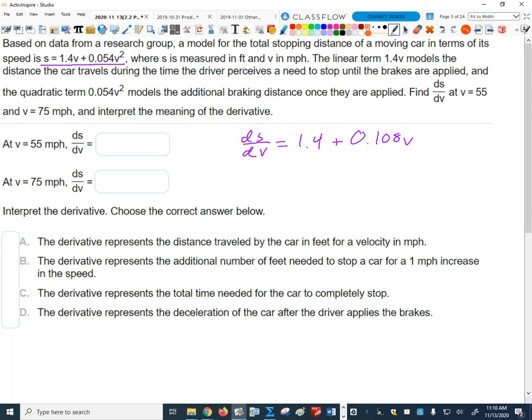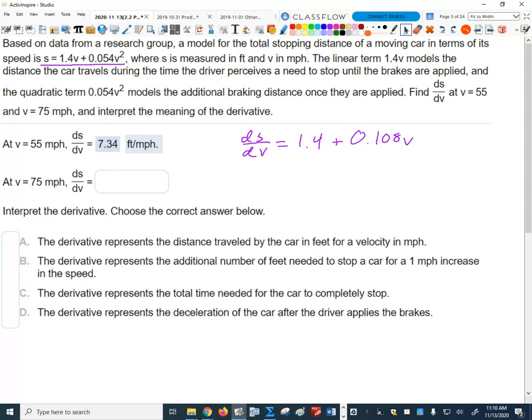So if I evaluate this at 55, what do we get? What do we get here? Somebody plug that in your calculator. You get something like that?